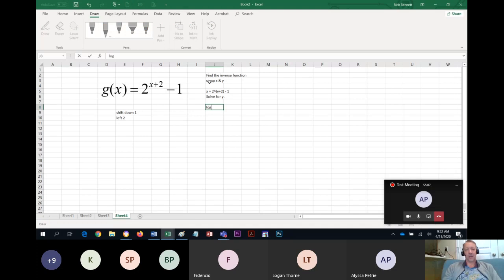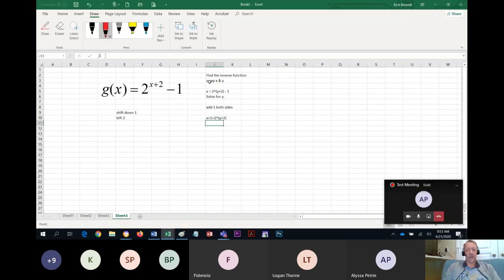We're going to take the log base 2. Actually, no, I'm not going to do that. I need to get rid of that 1 first. So I'm going to add 1 to both sides. That's going to give me x plus 1 on the left equals 2 to the y plus 2 power.